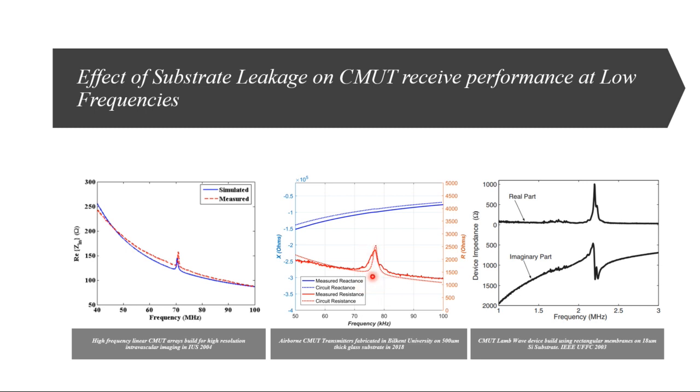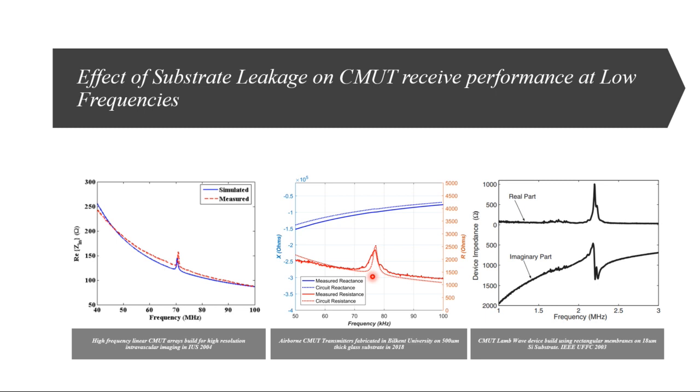So you can say that CMUTs which are produced with very thin backings, but I'm saying thin again. Thin means that the physical length of that substrate is small compared to the ultrasonic wavelength or the operating wavelength of CMUT.